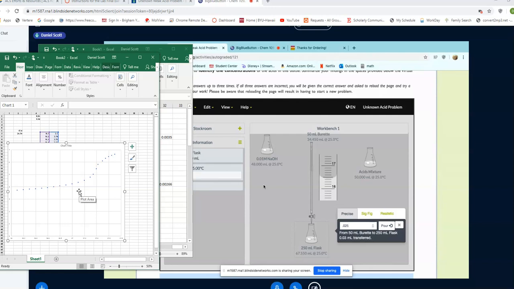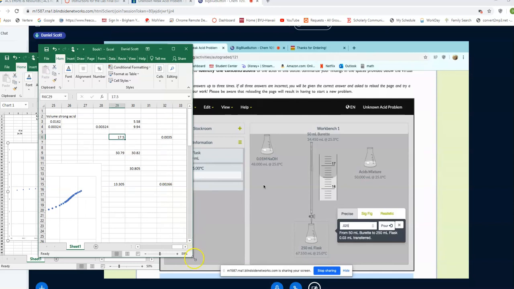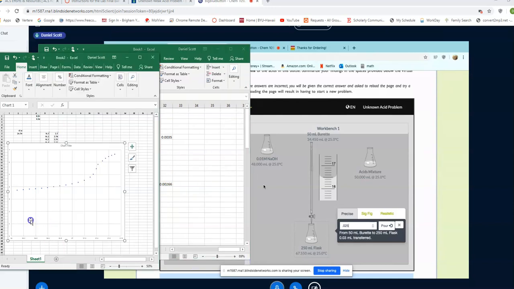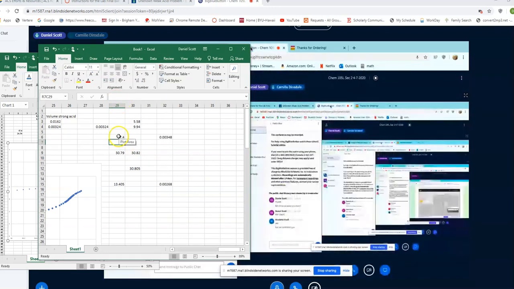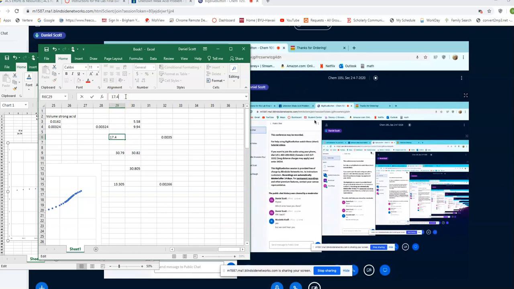If we do the calculation we did to determine the concentration, and we use 17.4, our value is 0.00348. If we use 17.5, our value is 0.0035. If we do 17.45, it's 0.00349.